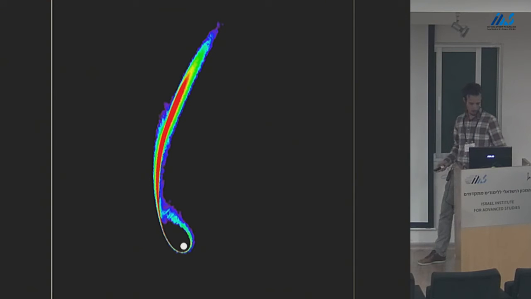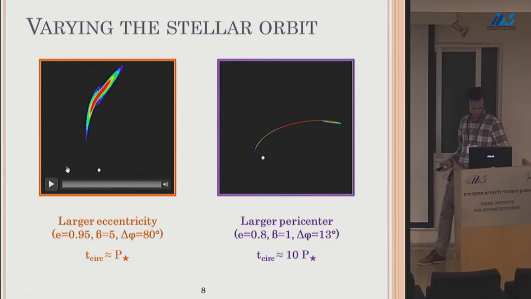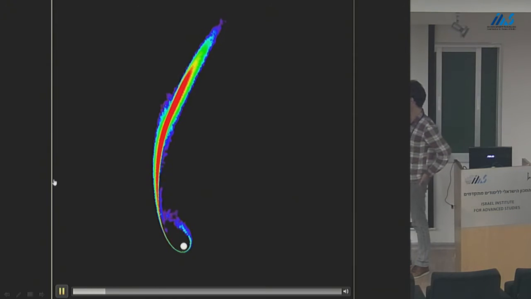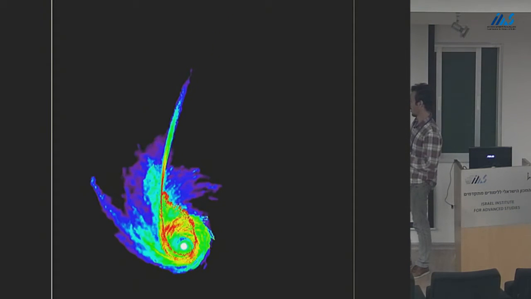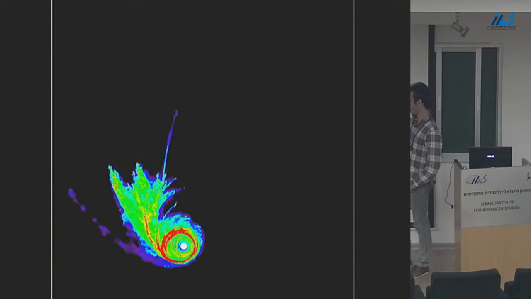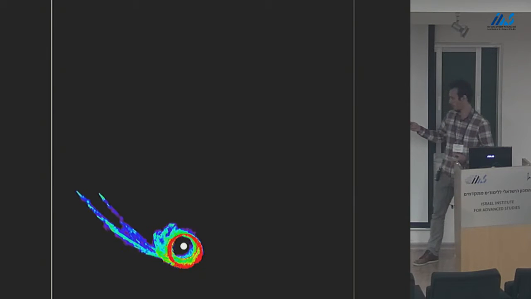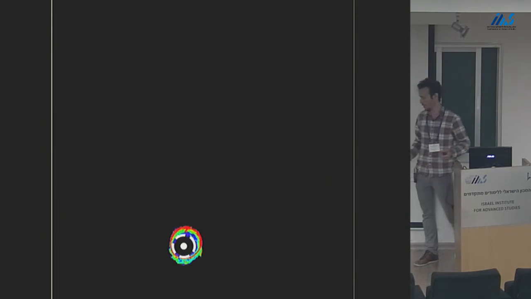The combination of these two facts implies that the stream collides very early. It doesn't have to chase itself, like in the previous case, to collide. This leads to disk formation that is faster than in the previous case, of order of the dynamical time of the debris, so about 1 times the period of the star.